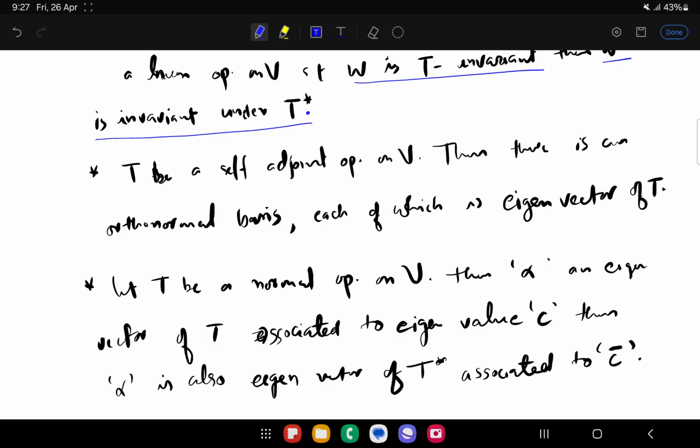If T is a self-adjoint operator on V, then there is an orthonormal basis for which each basis vector is an eigenvector of T. It in fact implies that T is diagonalizable, right?